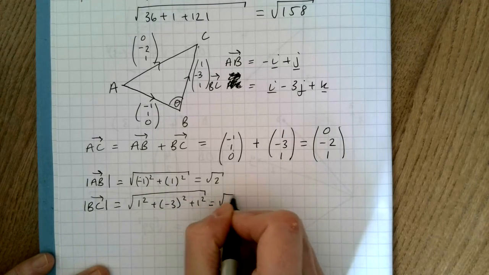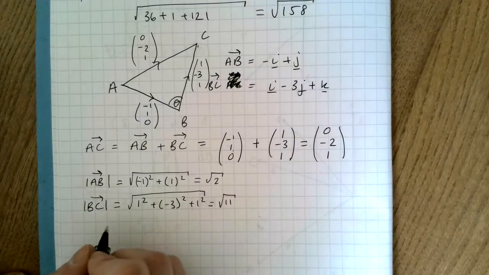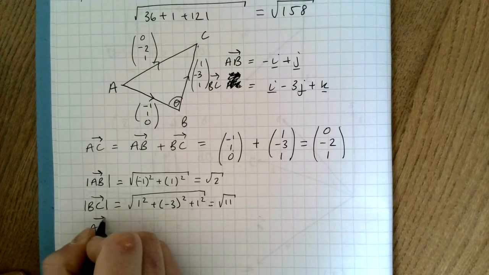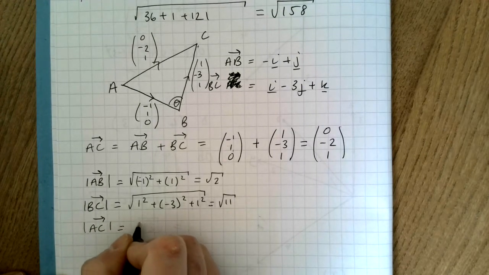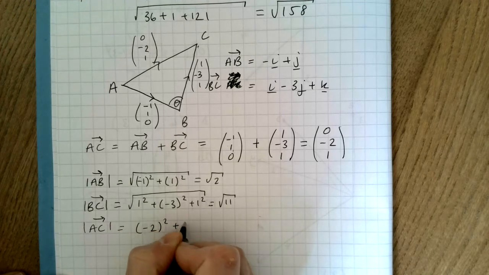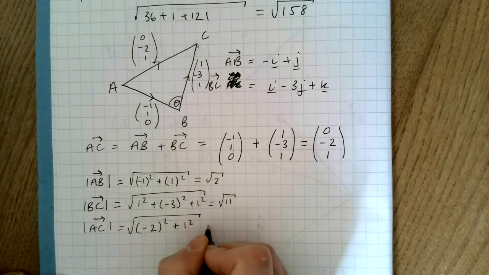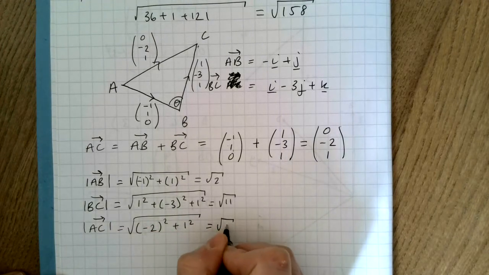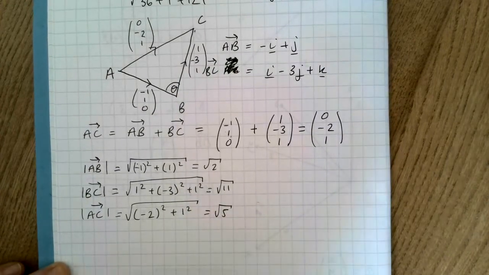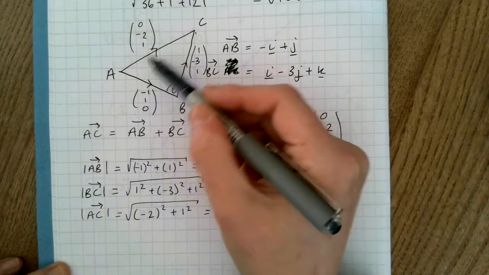So that's √11. And the magnitude of AC is 0 squared plus -2 squared plus 1 squared square rooted, and that's √5. So I've got those lengths there.